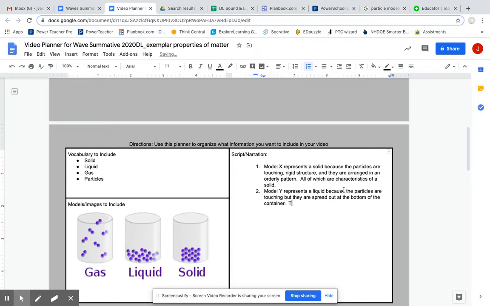Okay. They are also disorderly. The particles are also disorderly, all of which are characteristics of a liquid.